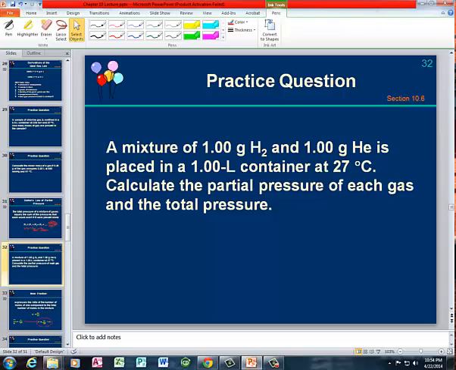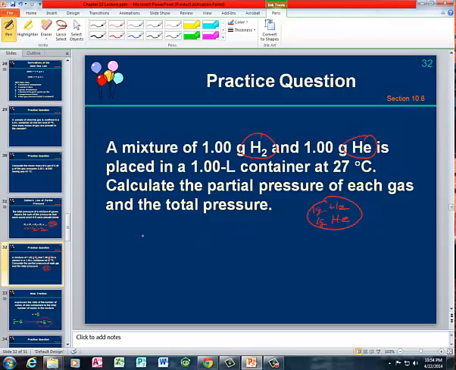So let's go ahead and apply that to a real problem. In this particular case, a mixture of hydrogen and helium is placed in a container at 27 degrees Celsius, and it's a 1 liter container. So I have H2 in here, 1 gram of that stuff, and 1 gram of helium.